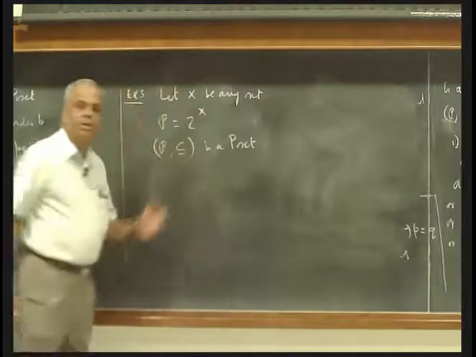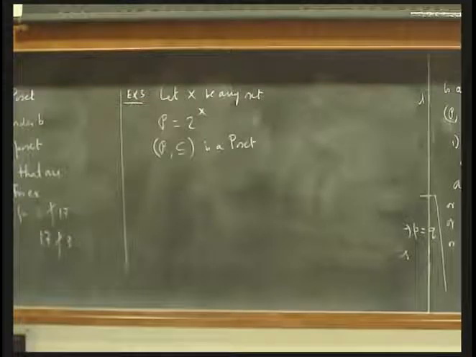Because A is a subset of itself. If A is a subset of B and B is a subset of A, then A equals B. And if A is a subset of B and B is a subset of C, then A is a subset of C. So these three properties are easily verified.